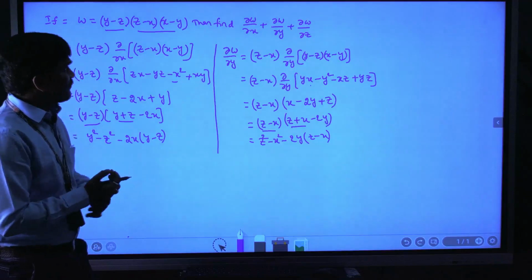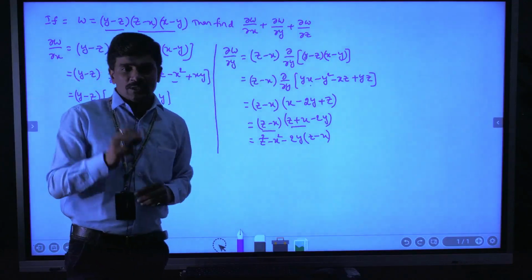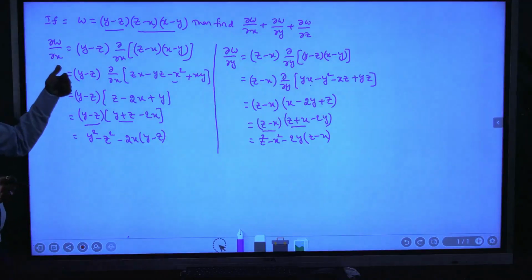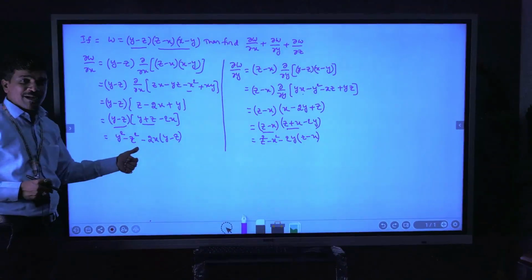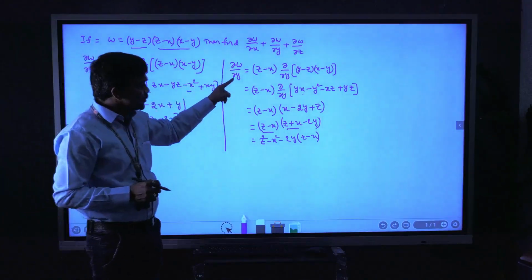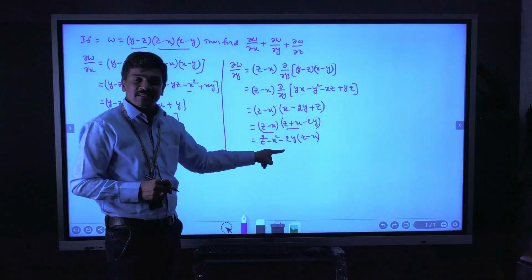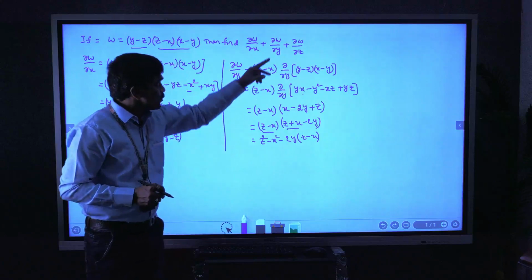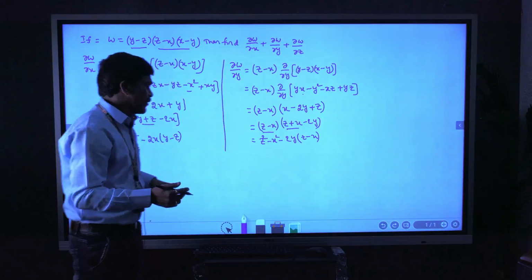Next, similarly, we can find dou w by dou z. Please observe this. With respect to x we get y square minus z square. With respect to y we get z square minus x square. So what is dou w by dou z?